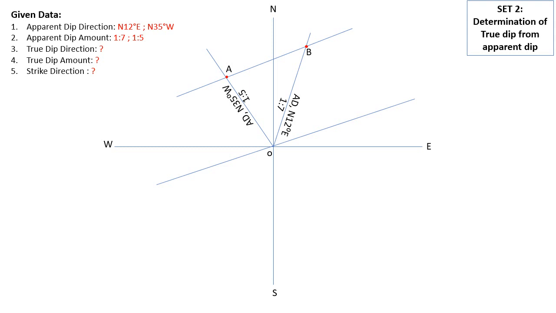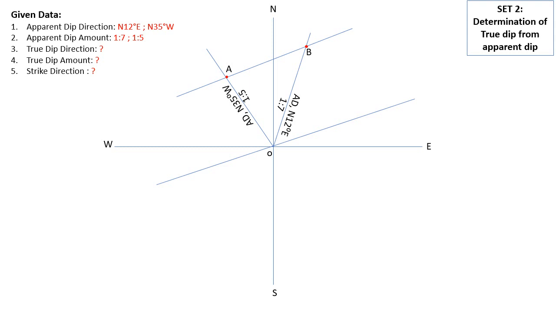Okay. Then the next step is we are going to find the true dip. So what is the relation of true dip and strike? The true dip is always perpendicular to the strike. So we know the strike line now. Now we are going to find the true dip. So how are we going to do it?